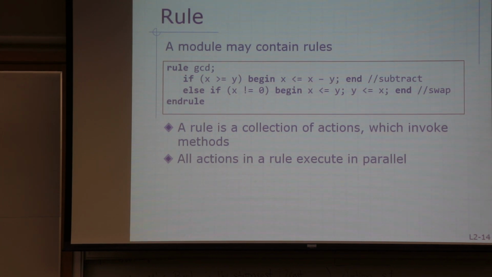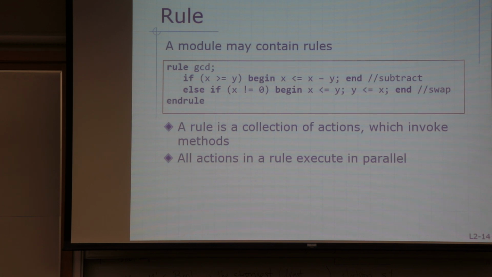All actions in a rule execute in parallel. So there is no sequential reading in this. So in this case, look at this one. X gets Y and Y gets X. What is the effect of that? They're getting swapped, because we read the existing values, and whatever we are writing is not going to be visible until the rule execution is over.